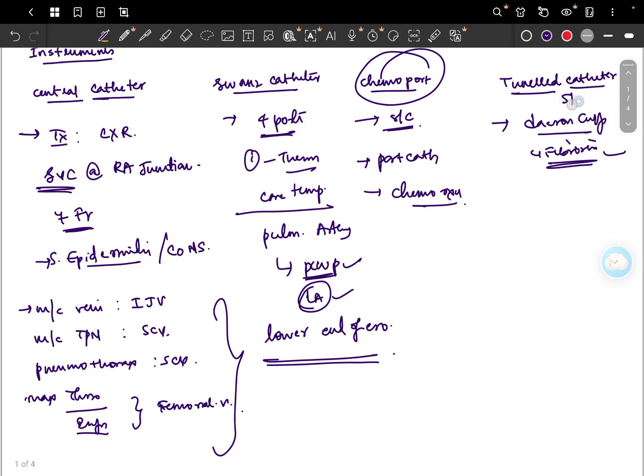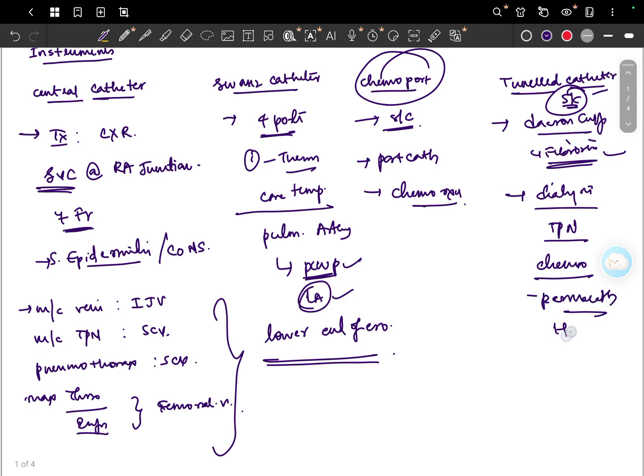It is also present subcutaneously. It is used in dialysis, for total parenteral nutrition, for chemotherapy, and permacath and Hickman's catheter. They are used for long-term IV uses. So these are for long-term management.